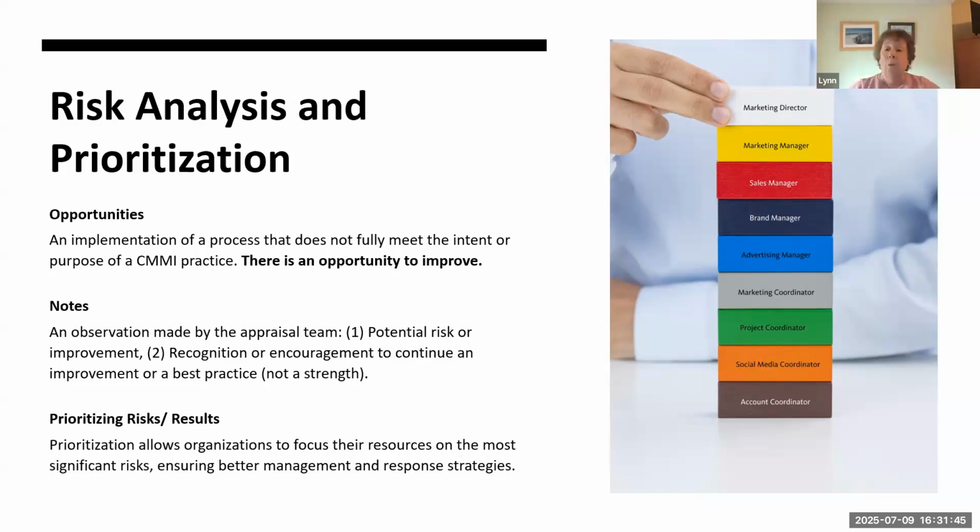A typical one is for an organization that you ask them about a practice and they immediately tell you, Joe does that. Okay. Well, the model doesn't say Joe can't do that, but Joe's the only one that can do that. So we would have a note to the effect that when Joe wins the lottery and doesn't come in the next day, it could be an issue. So it's kind of a risky note. Then there are the encouraging notes.